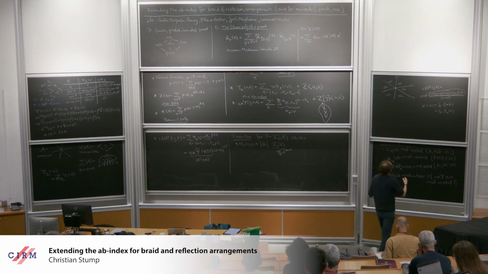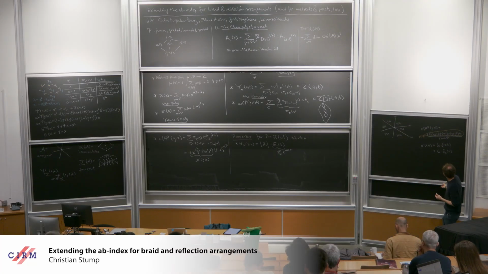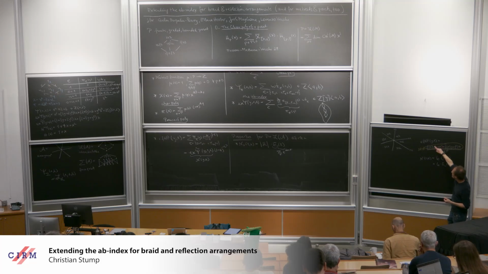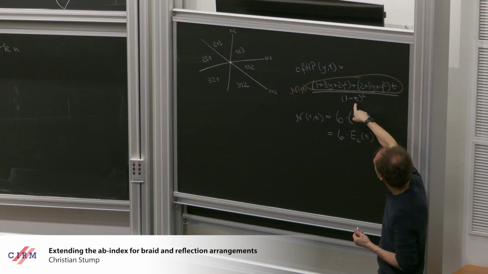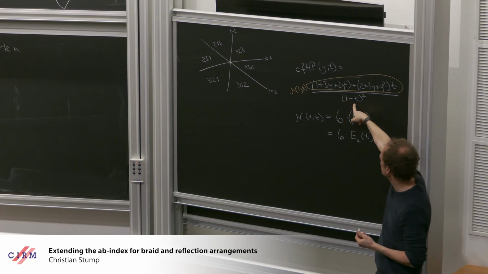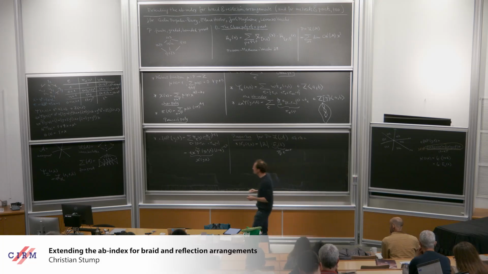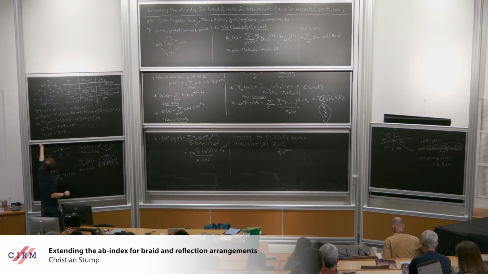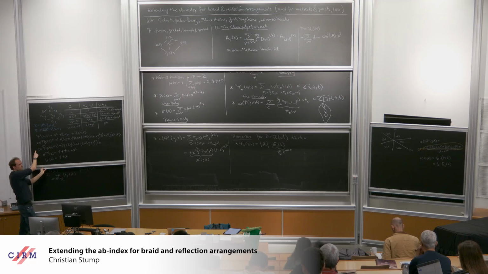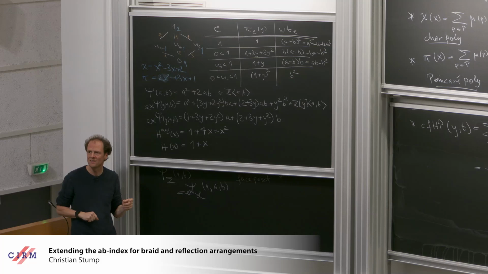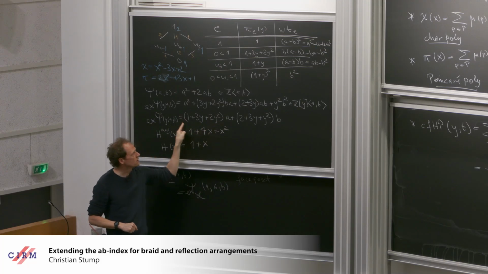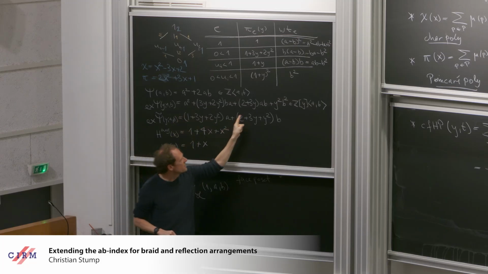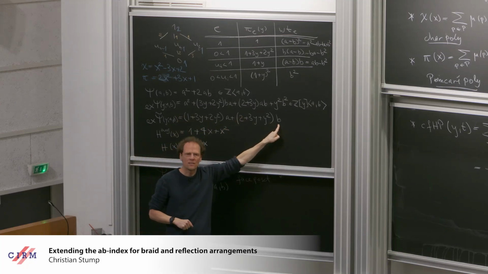Let's see if we can see that in an example. So the coarse flag Hilbert-Poincaré series in the example we are all the time looking at is this polynomial. Or the series is actually, when you divide the polynomial by this guy. So let's see that this works out. We start with this x psi that we already looked at. And we are setting a to 1. That's all we do, right? And if you set a to 1, this becomes the constant term in t. And this becomes this object times b, times t.